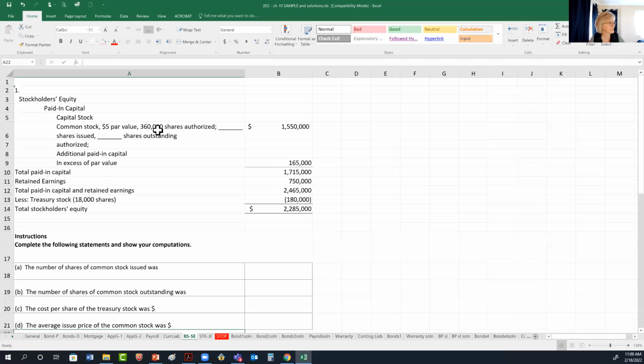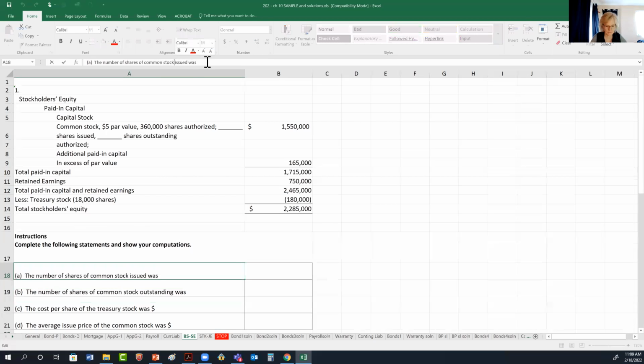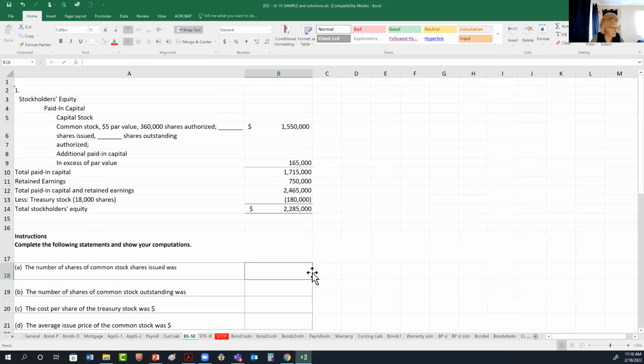Okay. So read the questions down here. The number of common stock shares, it should say shares issued, was what? How do you calculate shares issued? Who knows? Is it 1,550,000 divided by the par value of $5?